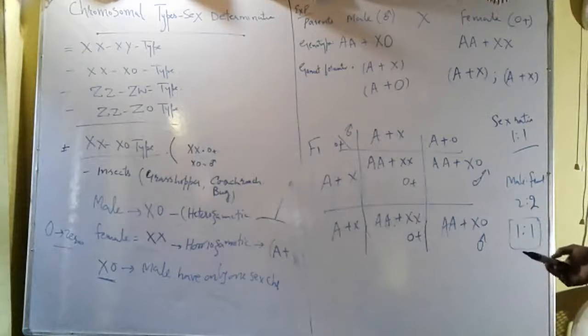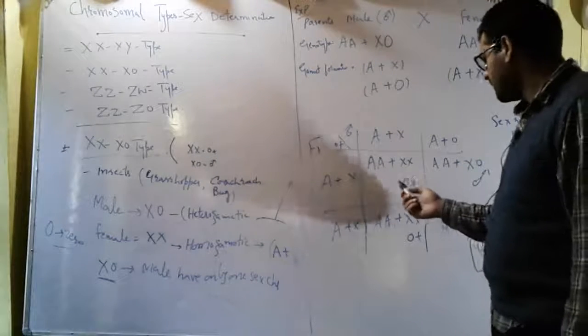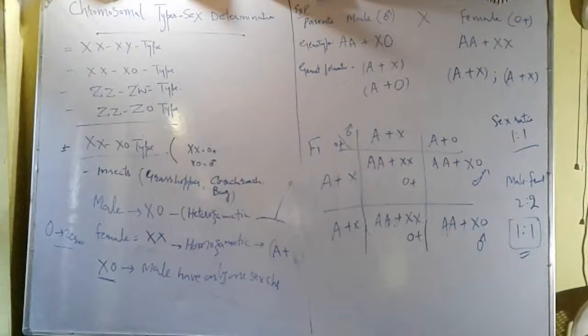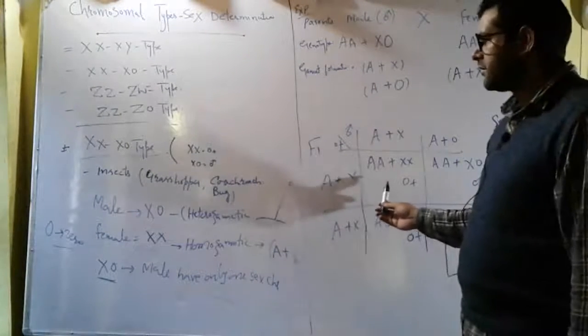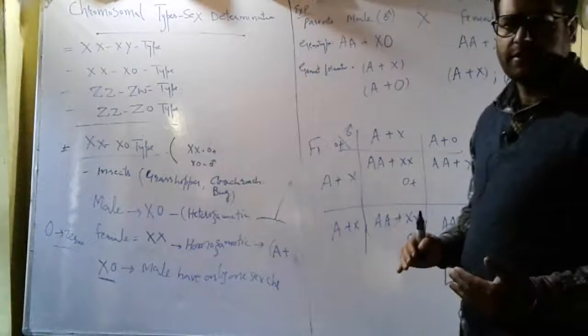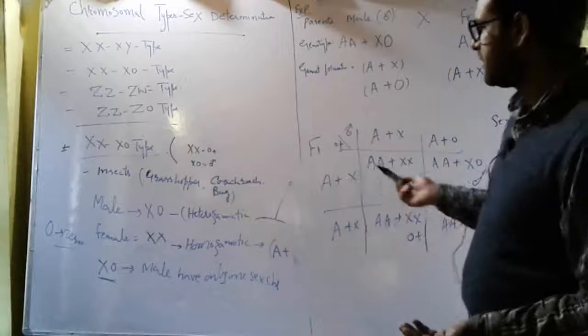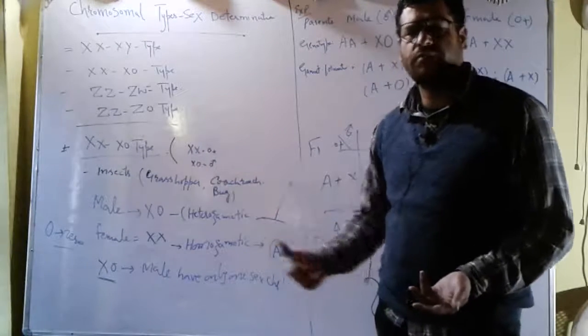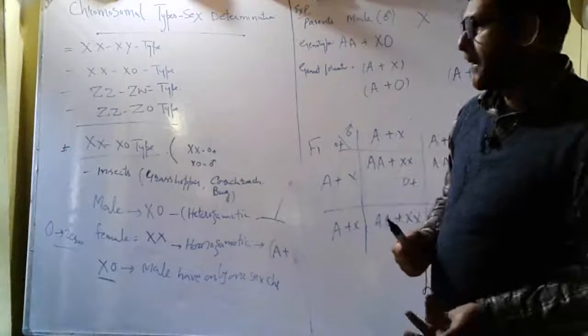That means the sex ratio in the F1 generation is 1:1. So this is the XX-X0 type of sex determination. It is found in some insects like grasshopper, cockroaches, and bugs.